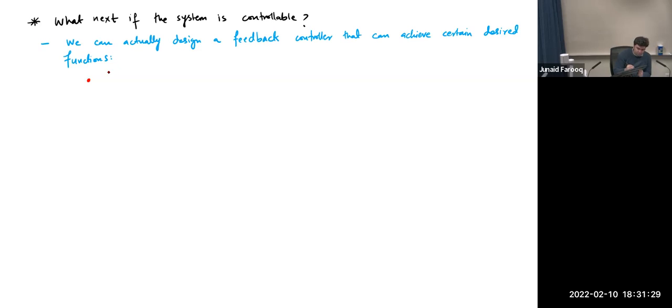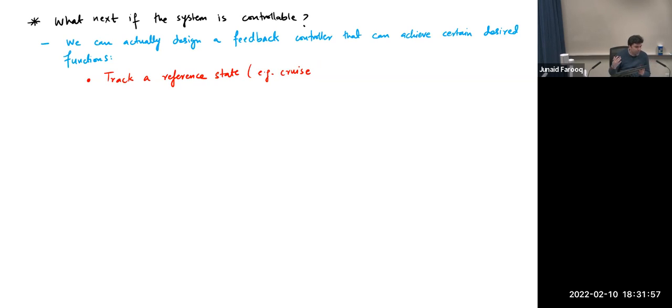The first thing is to track a reference state. For example, if you recall your first homework, there's a cruise control example. In a cruise control, you have a reference speed to reach. So one of the goals of the feedback control is to track that reference state.